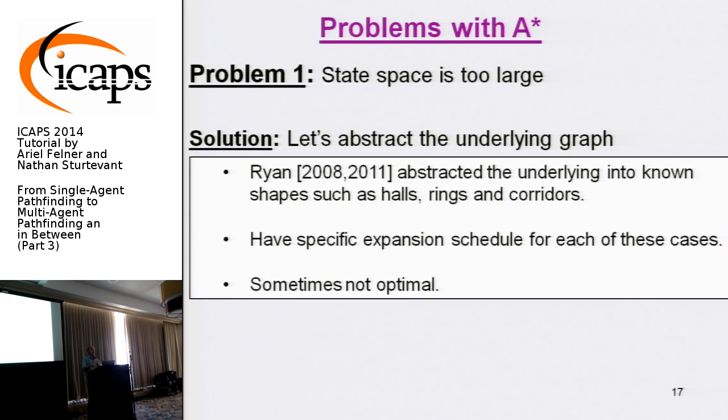If I see a corridor, then I can contract away everything, and I'm replacing this with a corridor. And he had a specific expansion schedule for these cases. However, sometimes this will produce a non-optimal solution. But in many cases, if you have these shapes, then the graph dramatically becomes smaller.